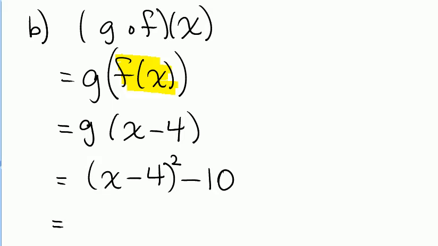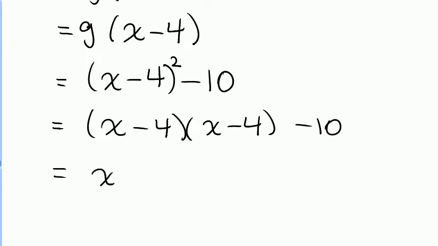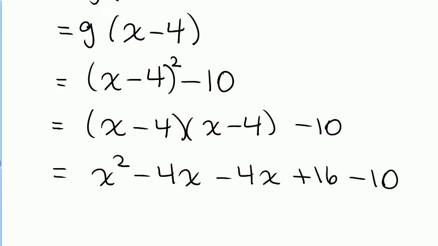So to square that, you are going to FOIL. This gives you x squared minus 4x minus 4x plus 16 minus 10. When you add like terms, you get x squared minus 8x plus 6.